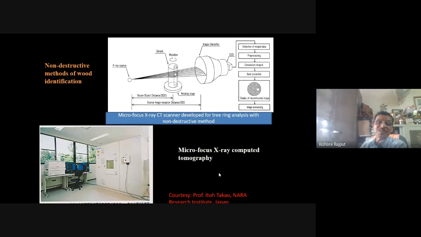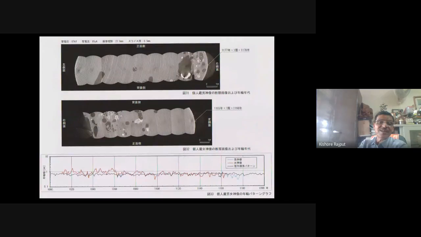You can put the statue in front of the instrument, and like the X-ray photography we do for our bones, in the same way you can use this machine for taking pictures. This is how you get sequential pictures, and all these pictures can be compiled together to build an image, and that image can be used for identification without causing any damage, not even taking a 1 micron thick section from the specimen.